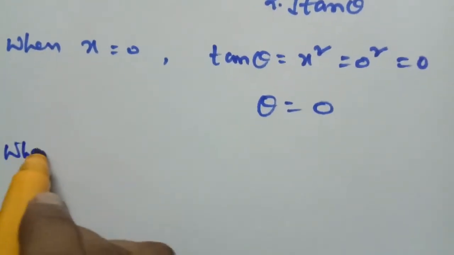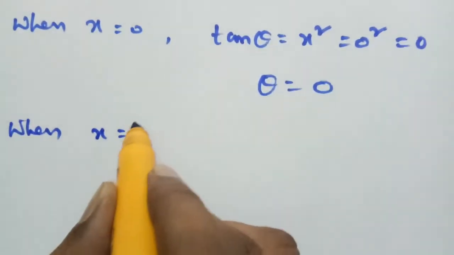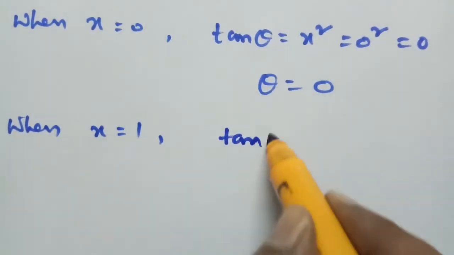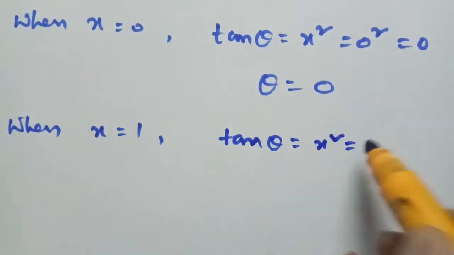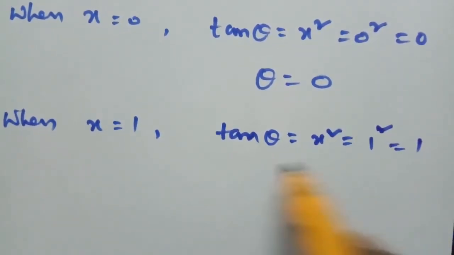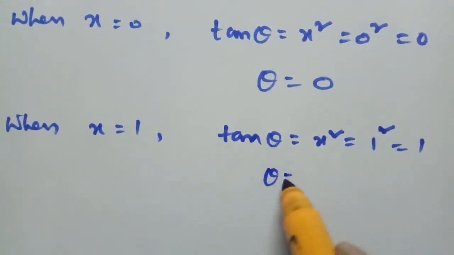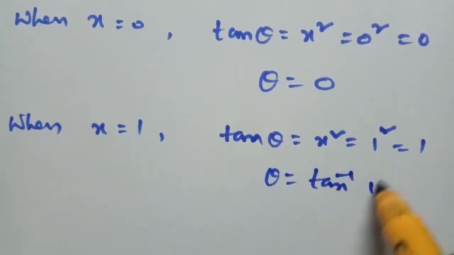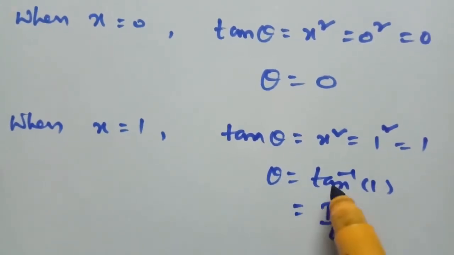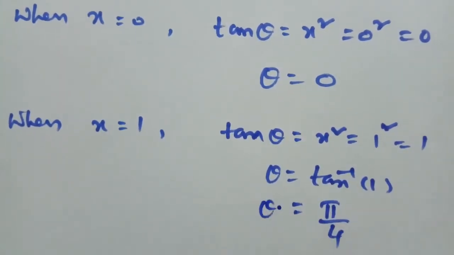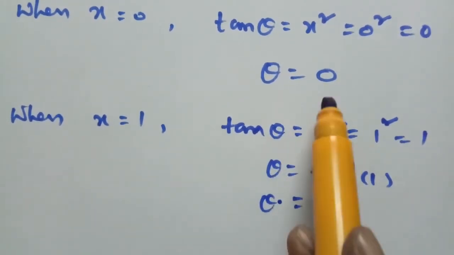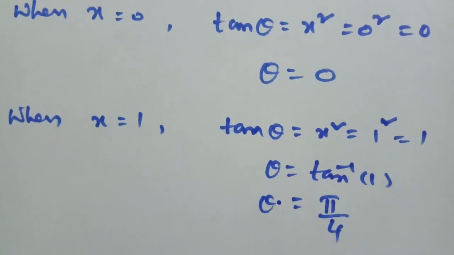When x is equal to 1, the upper limit of the given integration, tan theta is equal to x square is equal to 1 square equal to 1, so theta equal to tan inverse of 1, that is pi by 4. Therefore, the limits in theta: lower limit is 0, upper limit is pi by 4.